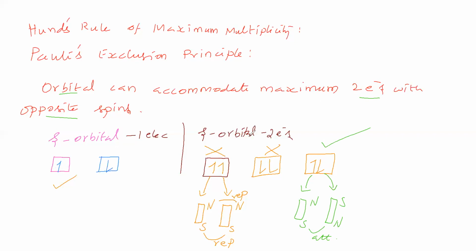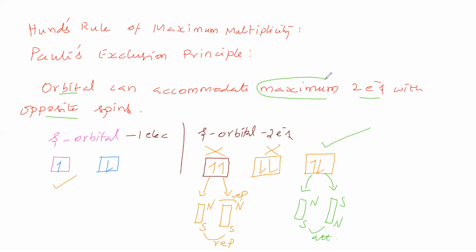If an orbital contains 2 electrons, we must give the 2 electrons opposite spinning: by convention, first one clockwise, second one anti-clockwise. Next point, an orbital can accommodate maximum 2 electrons.